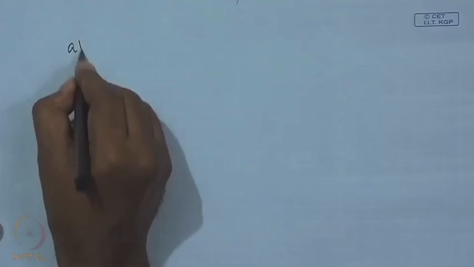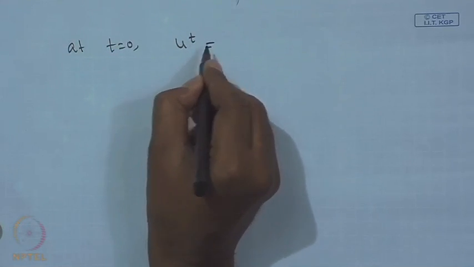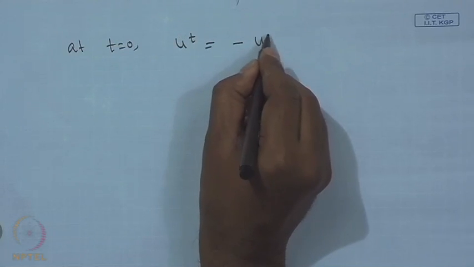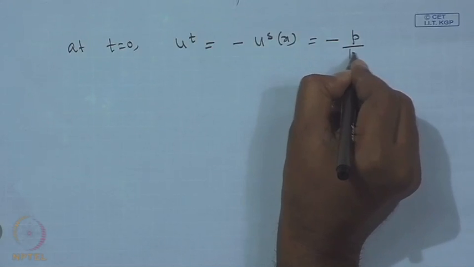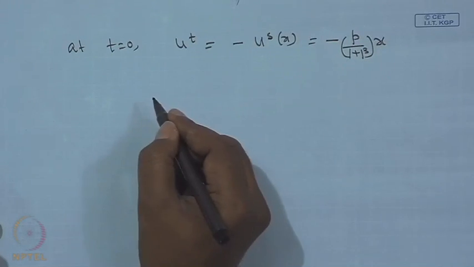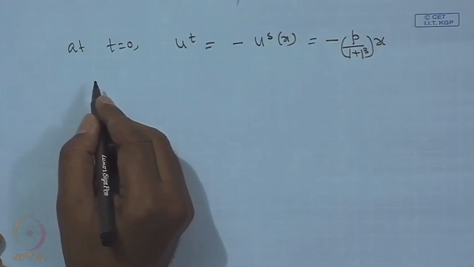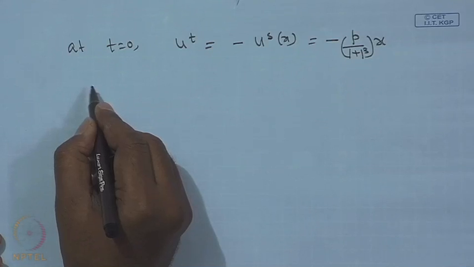So, now let us evaluate the C n from the initial condition. If you remember the initial condition of this time varying part, at t is equal to 0, my u t was nothing but minus of the steady state solution. So, it was minus of p divided by 1 plus beta times x. So, we use that.